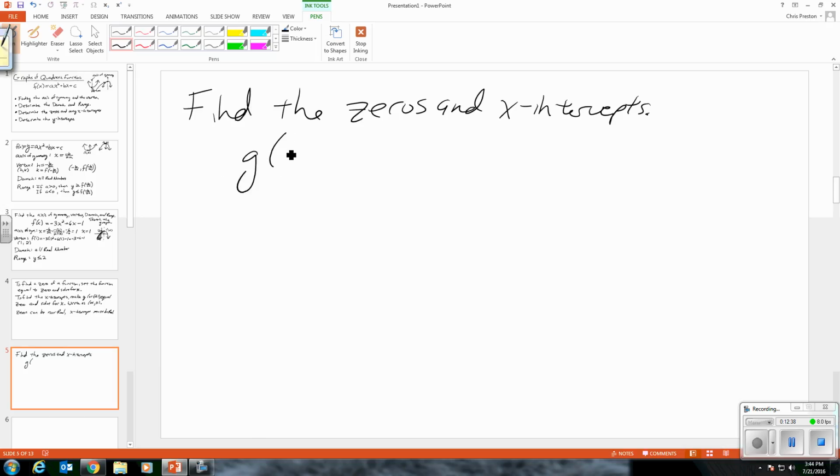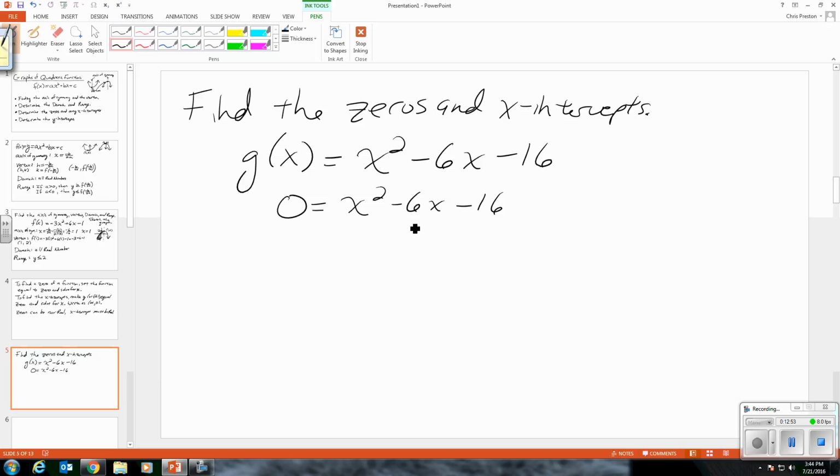So let's say we have g of x equals x squared minus 6x minus 16. So what I'm going to do is set this equal to 0, and I'm going to solve this quadratic equation.